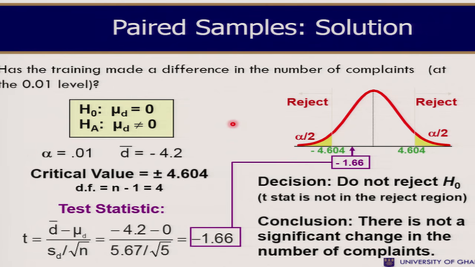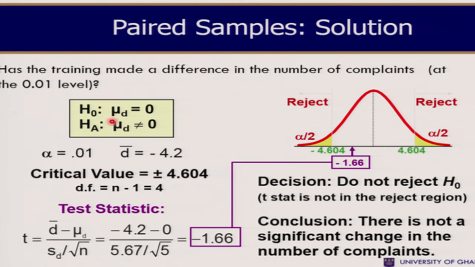All we are asking is, did the training make any difference in the number of complaints? Therefore, our alternate hypothesis would be that μD is not equal to 0. That is, the average of the differences should not be equal to 0.